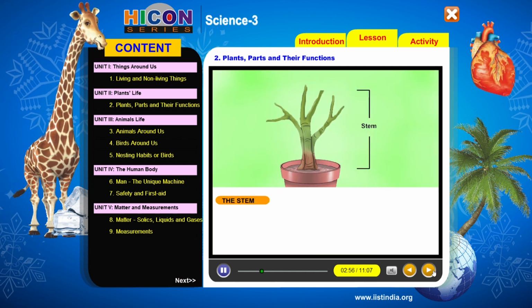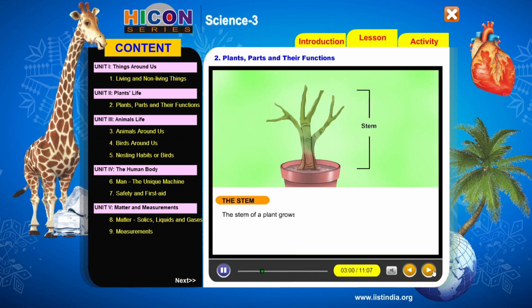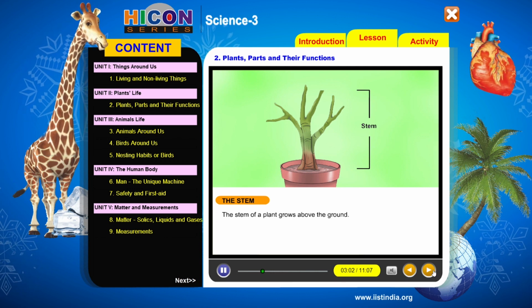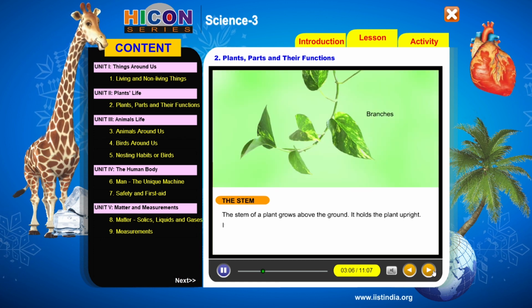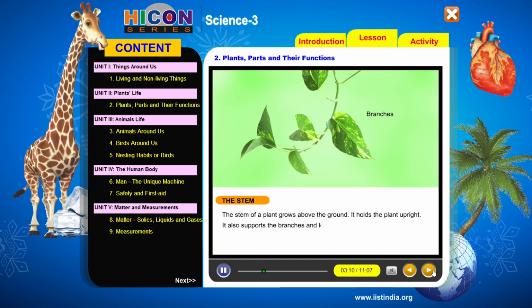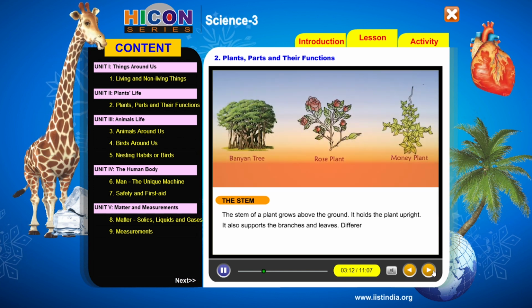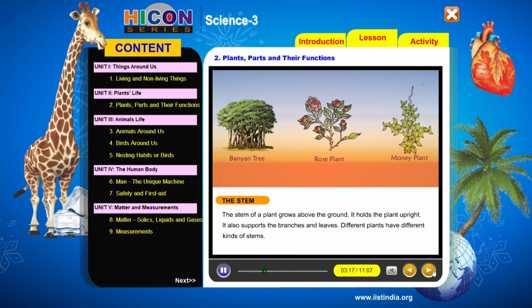The stem. The stem of a plant grows above the ground. It holds the plant upright. It also supports the branches and leaves. Different plants have different kinds of stems.